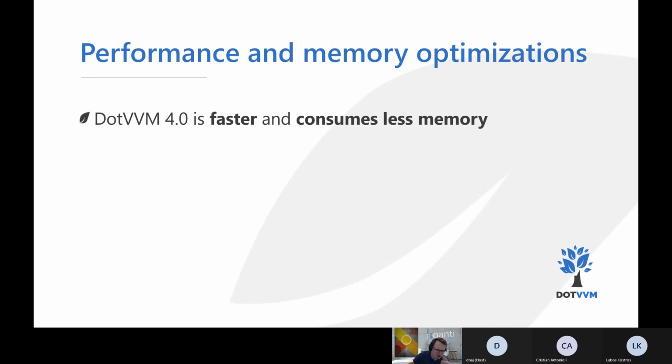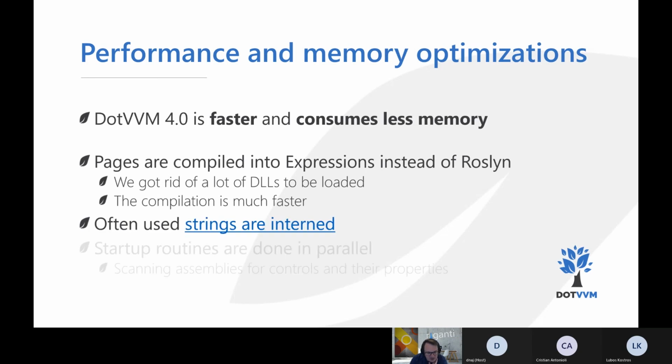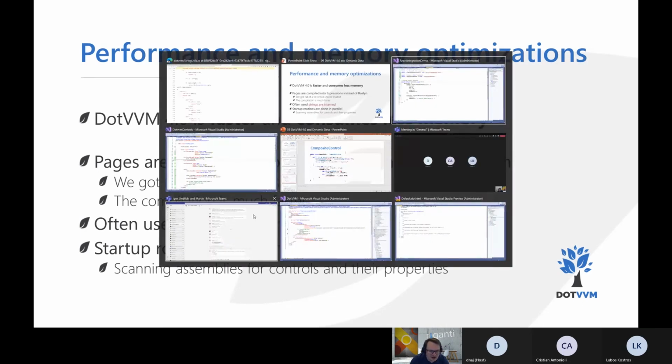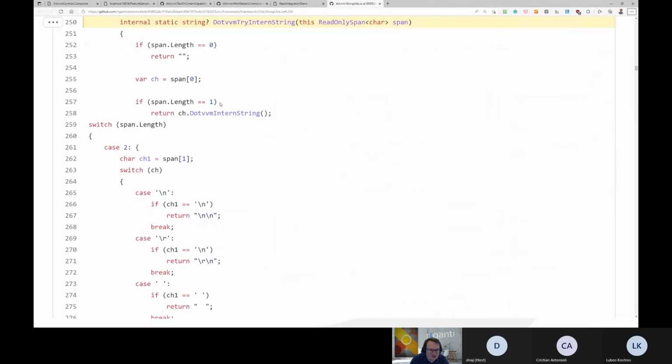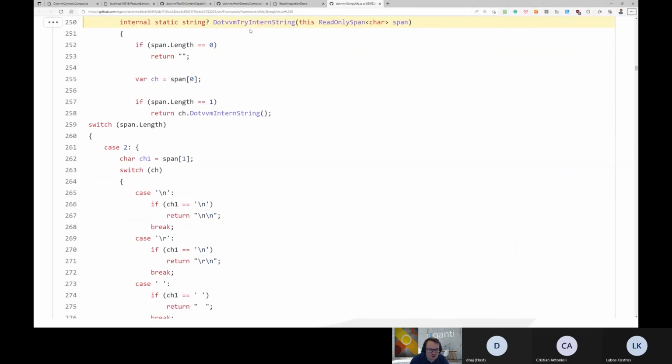So we have done several changes, like the strings are now interned, which means that for the same strings, we have only one instance in memory. This is pretty interesting. The code for doing this is not very nice, and probably it could be generated somehow, but we have a magic method which is called TryInternString, and we will put in some read-only span. So that's some snapshot of memory.